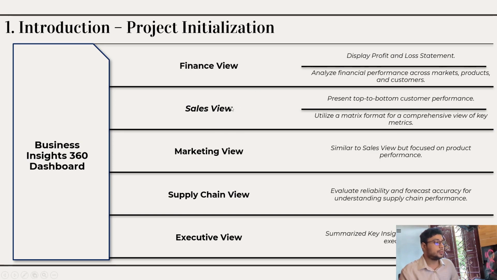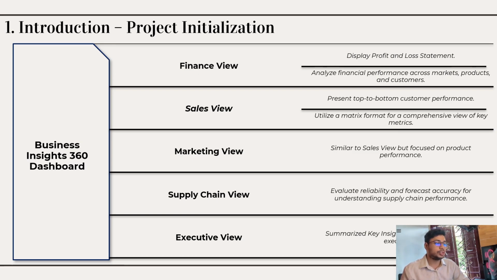Now sales view. In the sales view, the top level sales executive can see the customer performance. Customer performance means Atlic, as a hardware manufacturer, sells their products to different retailer stores. So the top sales executive can see how their customers are selling their products, how much profit they are making, net margin or gross margin.